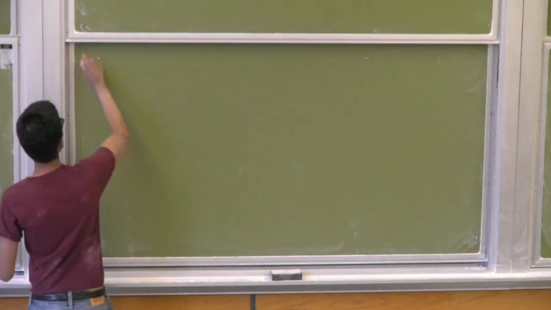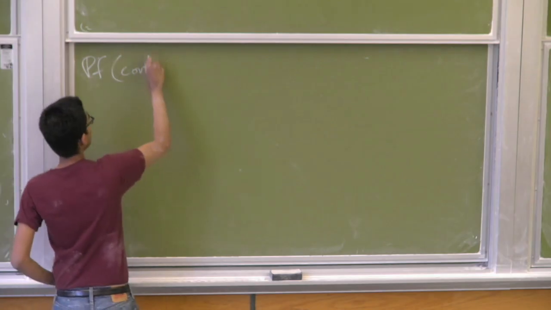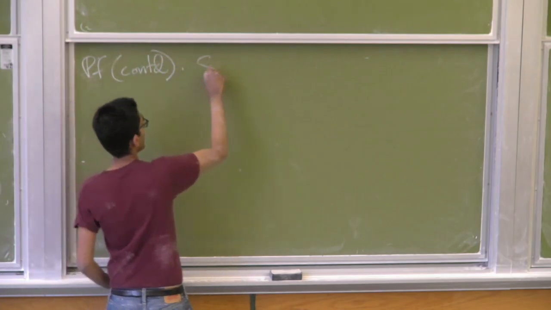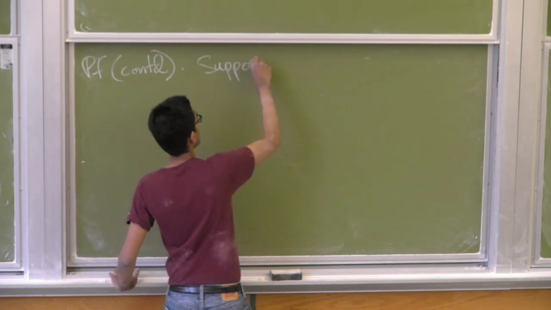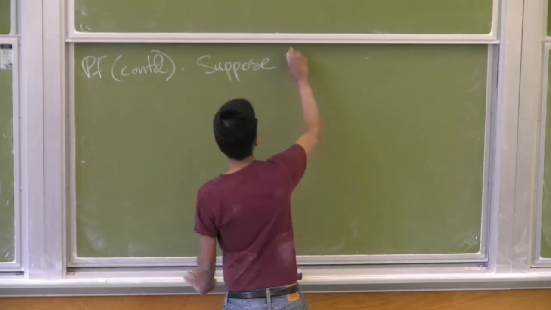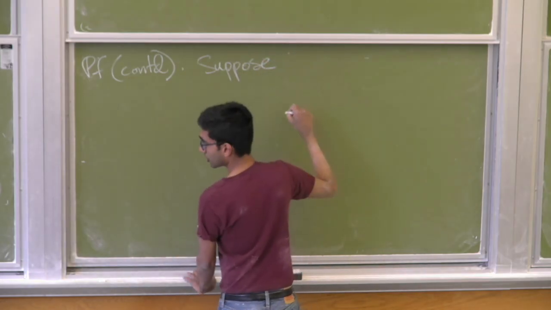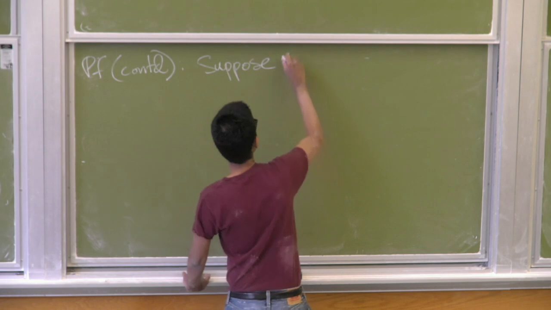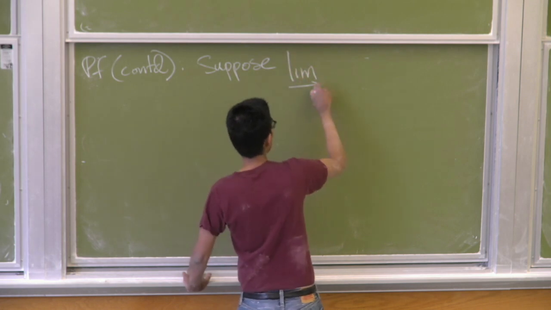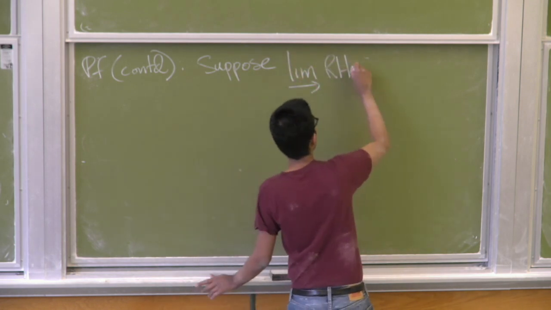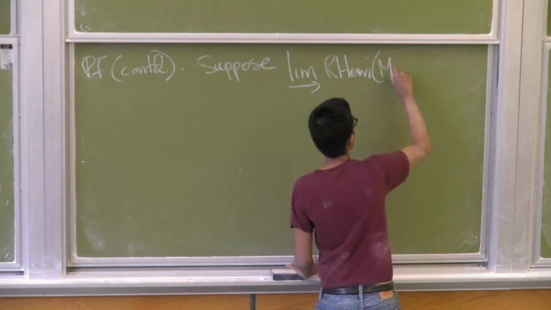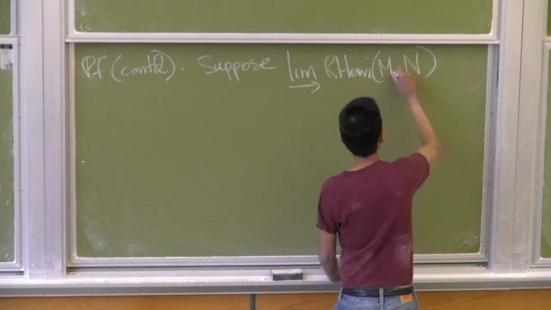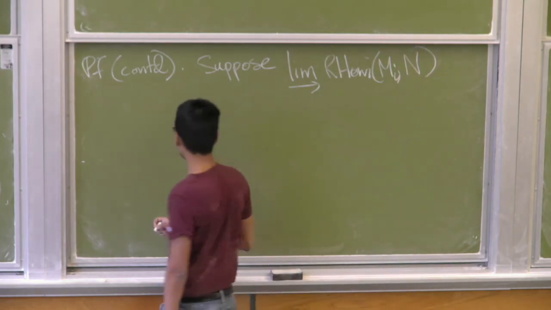Proof continued. So suppose that the colimit of R Hom from M sub i into N is not concentrated in degree 0.